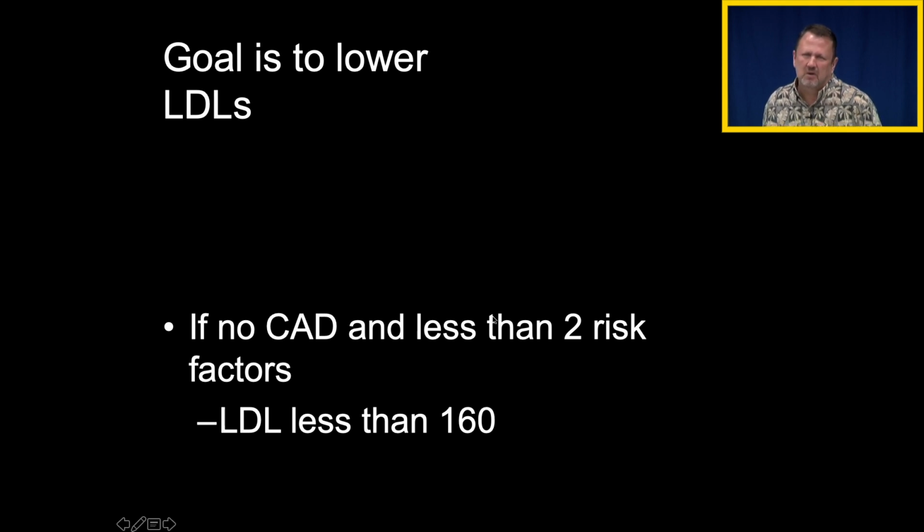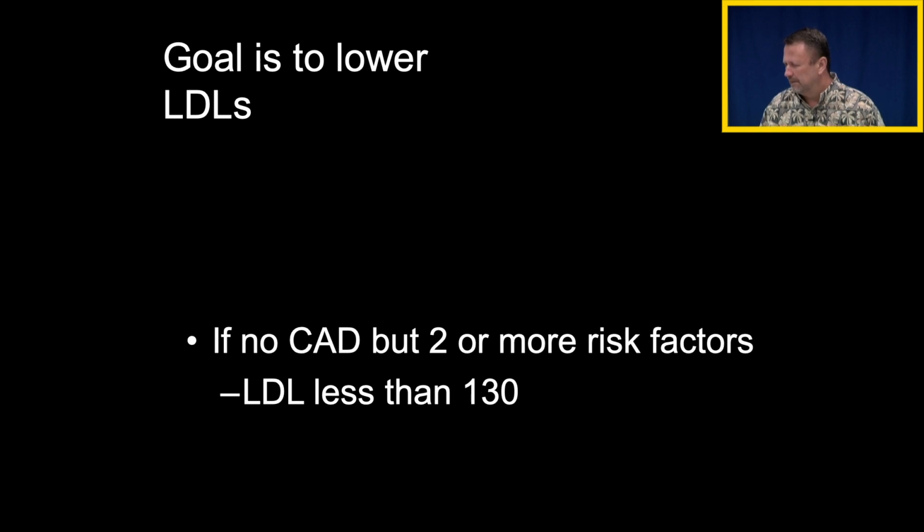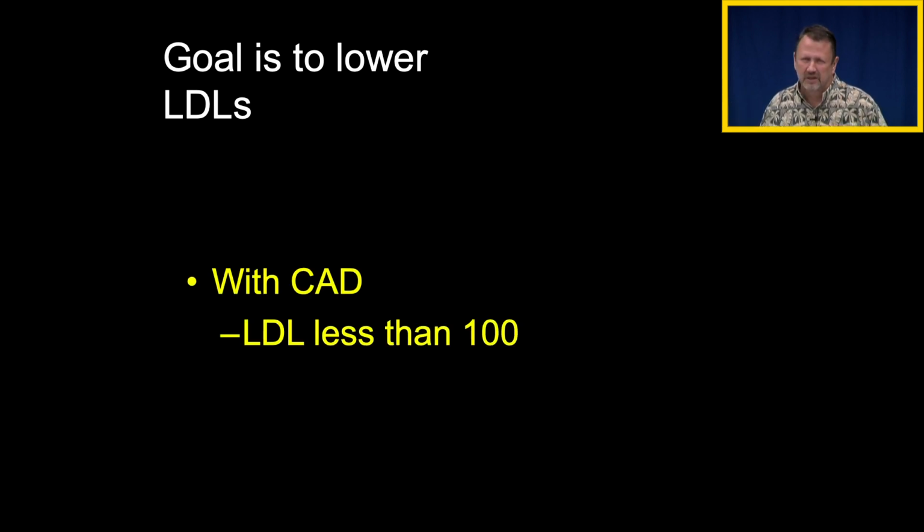But the old guidelines, oh, we want it to be less than 160, and the reason these are still in the slides is I see this when I'm reading stuff. All right, so if they have no coronary artery disease but 2 or more risk factors, we can keep their LDL less than 130. Managing somebody's LDLs is not this simple, but at least these are the recommendations.